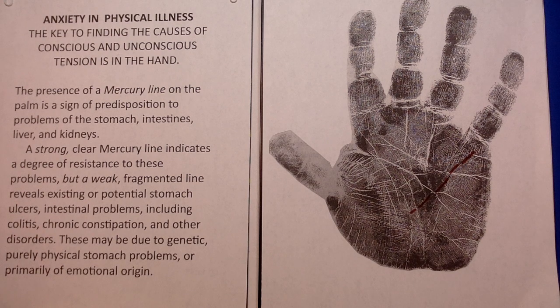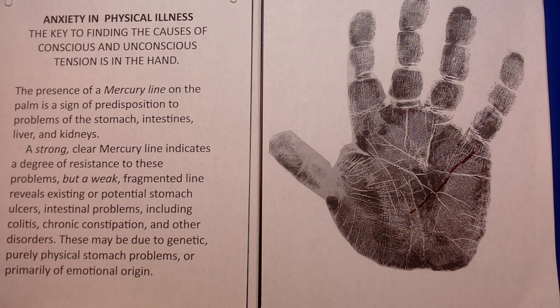These may be due to genetic, purely physical stomach problems, or primarily of emotional origin. I don't know if you've ever thought about it. How does emotional fit in this? You'd be surprised. When something bothers you and it continues to sit there, it tends to affect the organs, the stomach.